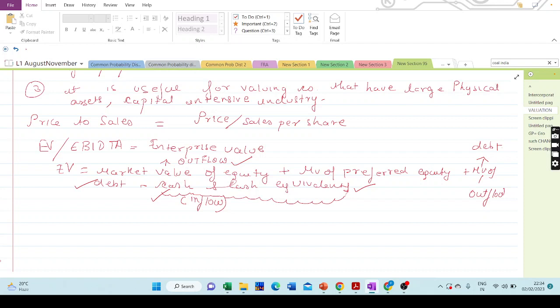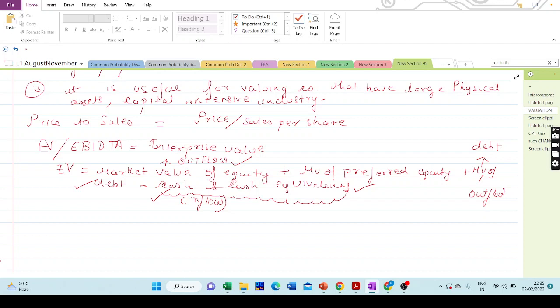So once you buy the target company, everything of the target is yours, right? Its assets are yours, its liabilities are yours. You can use the cash of the target company to repay the debt of that target company, right? So this is your enterprise value, which is basically telling you what an acquirer of a firm needs to pay to those who have a financial interest in the firm, right? So if you acquire the company, you will have to pay the equity shareholders of the company.